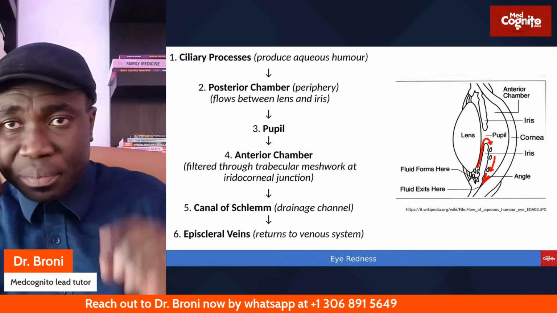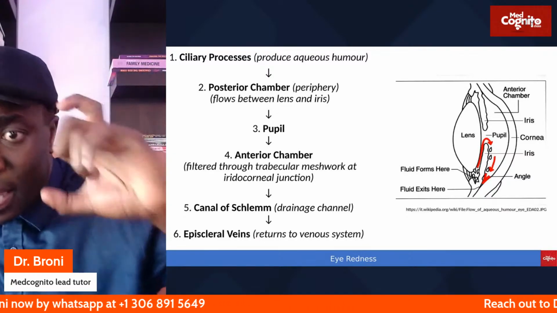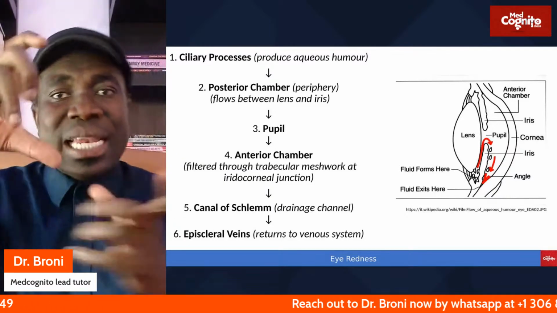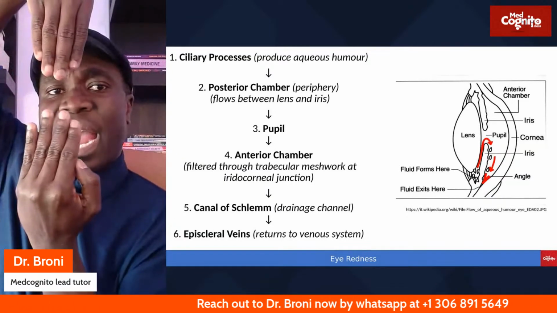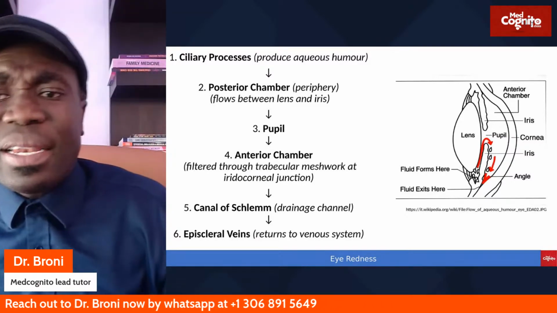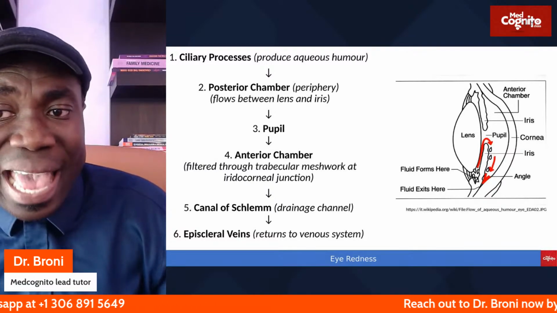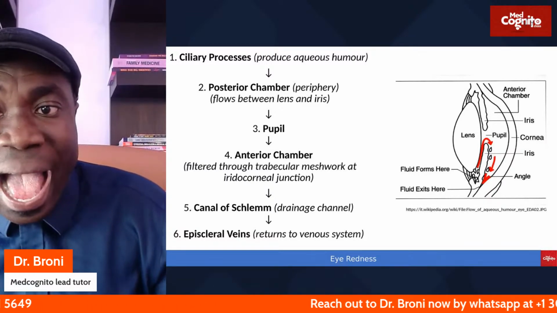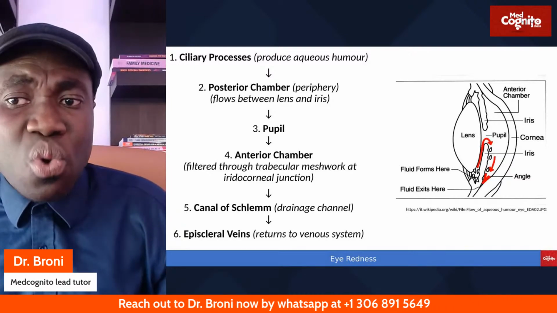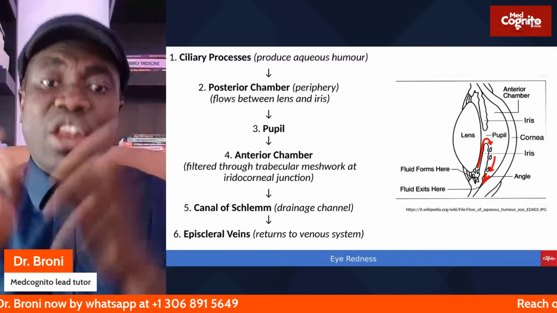So remember, we have the ciliary process, we have the lens, we have the iris. Now, just think about the iris this way. The hole there is what we call the pupil. So when aqueous humor is produced, it has to go between the lens and the iris, and then it has to flow through the pupil and then go into what we call the canal of Schlemm.